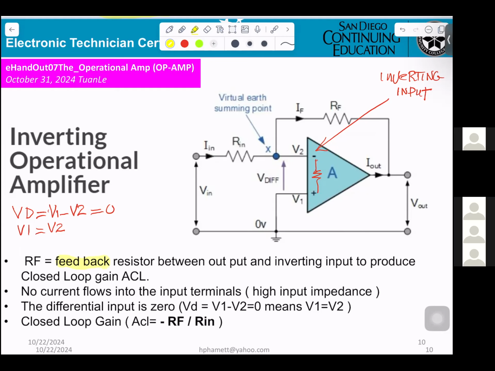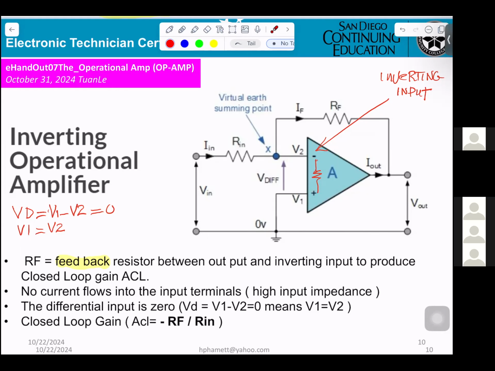That means this resistor connects from the output back into the input. That's why they call it a feedback resistor, between output and inverting input, to produce closed loop gain, ACL. ACL means closed loop gain.